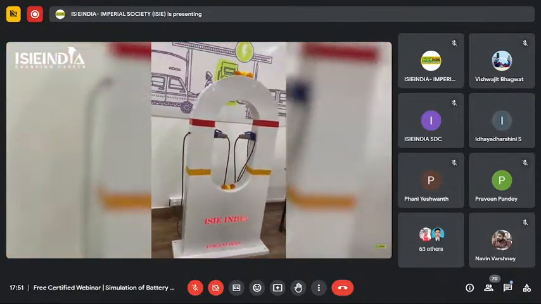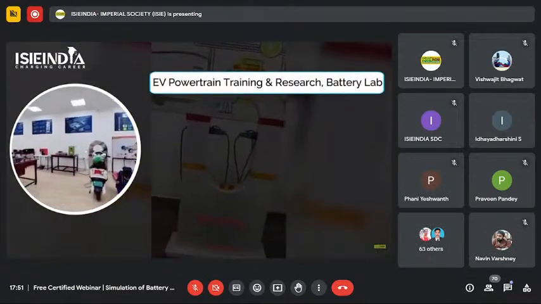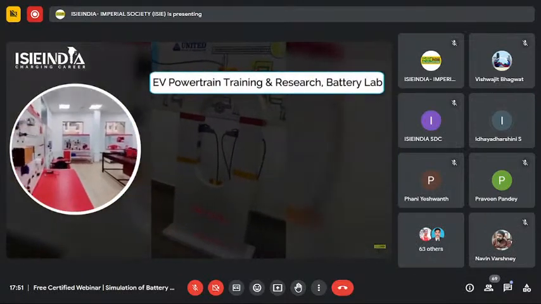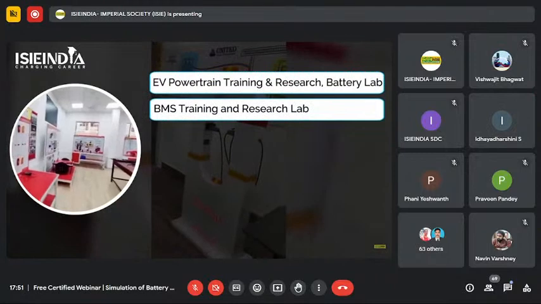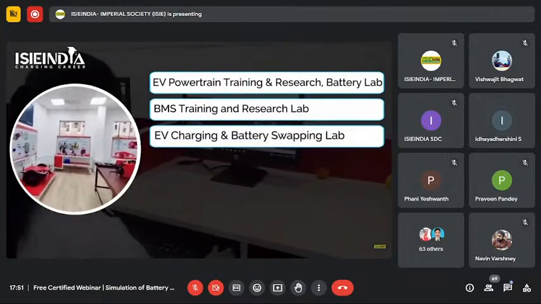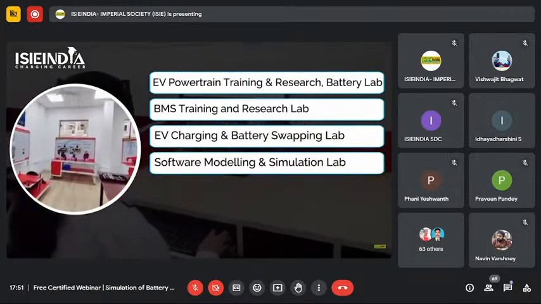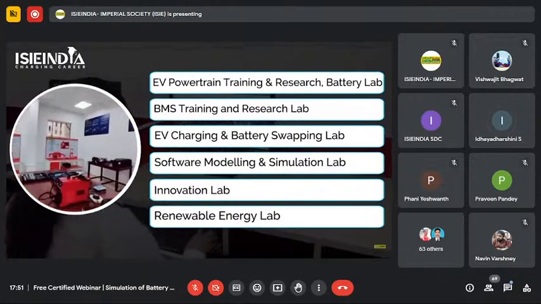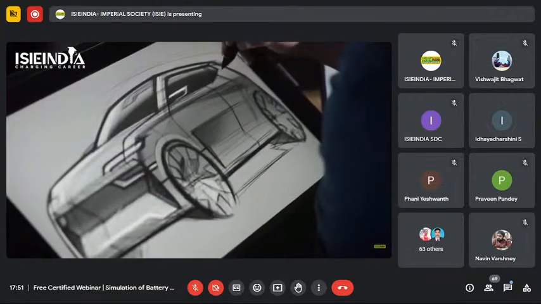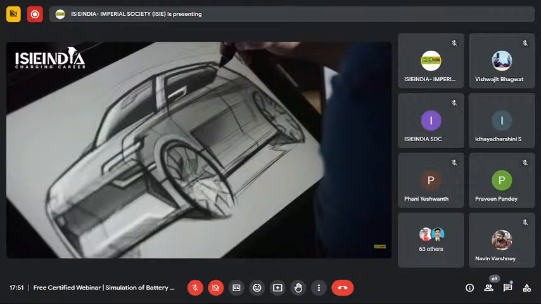It is a combination of 6 labs, including EV powertrain training and research lab, battery BMS training and research lab, EV charging and battery swapping lab, software modeling and simulation lab, innovation lab, and renewable energy lab. Each lab consists of a number of customized workbenches and machineries.